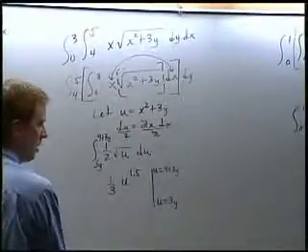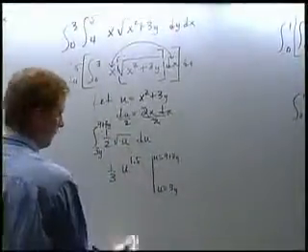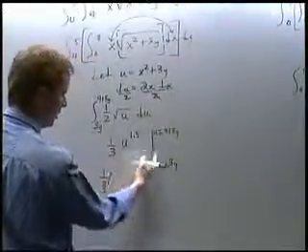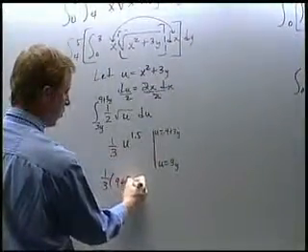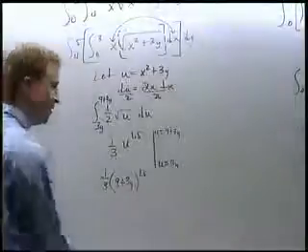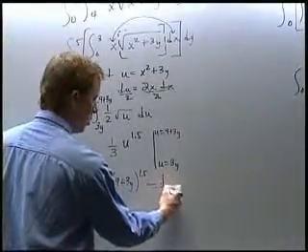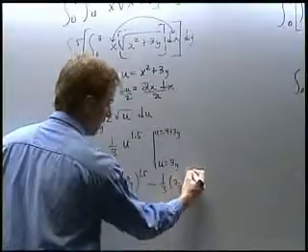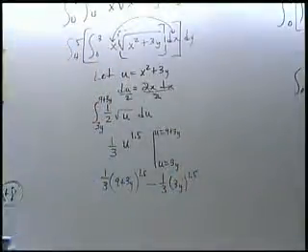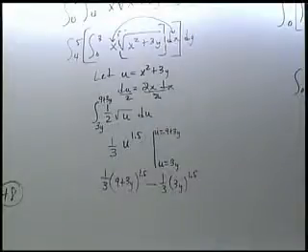Now we start doing our substitution. We've got 1/3 times 9 plus 3y to the 1.5, minus 1/3 times 3y to the 1.5. All I'm doing is substituting in those values wherever I see the u.